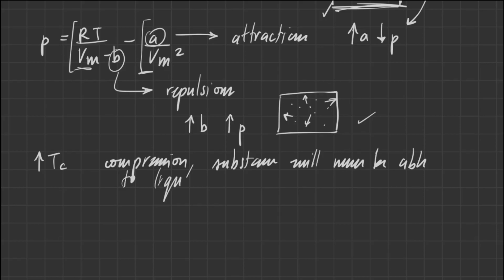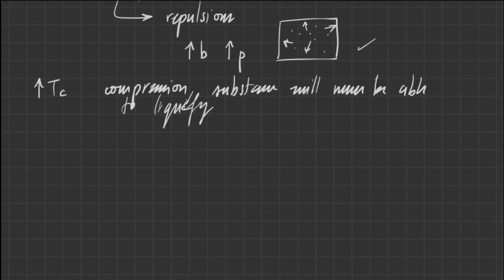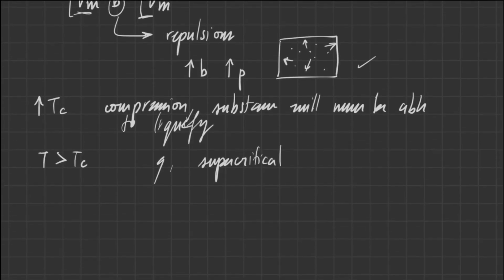Right, so this means that at a temperature greater than the critical temperature, the substance is always in a gaseous form or otherwise in a supercritical form. Below the critical temperature, the substance acts normally, and as you compress the substance, it eventually becomes a liquid.